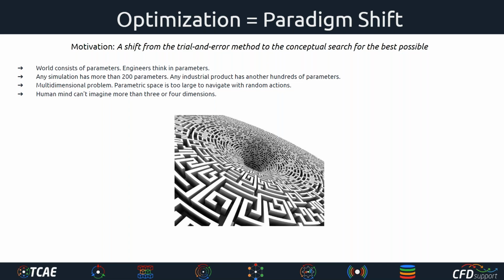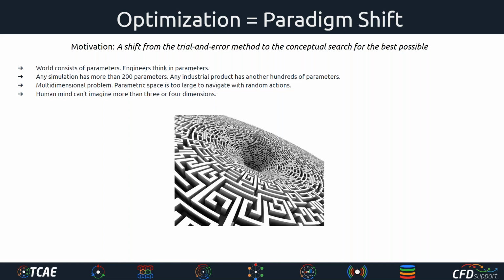All those numbers everywhere, all those schemes and turbulence models and everything, and then the mesh, and there are plenty of parameters everywhere. If you consider that any industrial product like a turbine, pump or compressor has perhaps another hundreds of parameters, that makes altogether definitely hundreds of parameters.